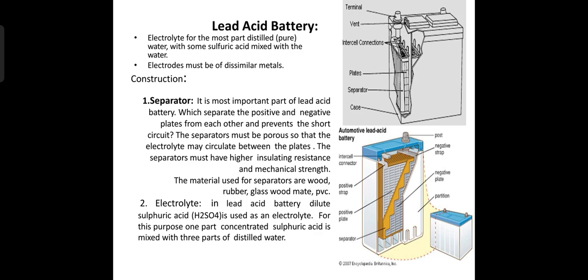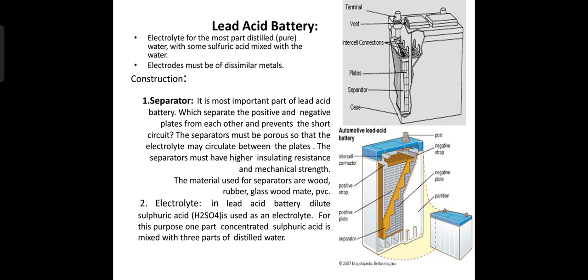In a lead acid battery, the electrolyte is for the most part distilled pure water with some sulfuric acid mixed with the water. Electrodes must be of dissimilar metals, as you see in the diagram. The parts are terminals, vent, intercell connections, plates, separator, and battery case.